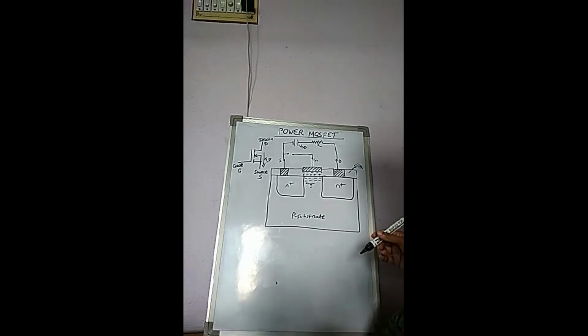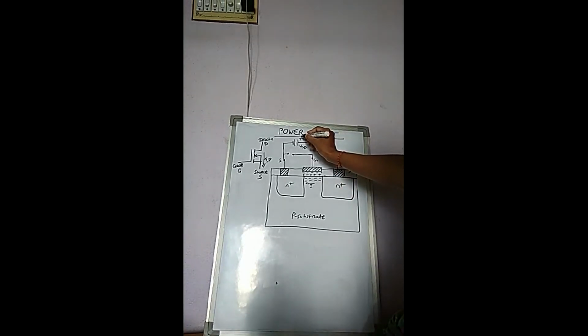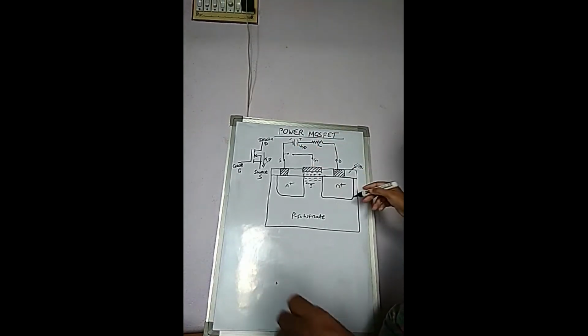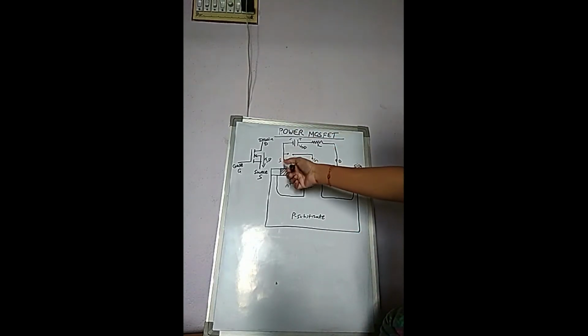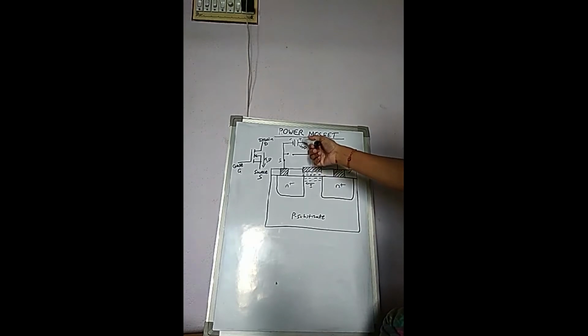See, this is plus, this is minus in this circuit, drain, gate, source terminal. In between drain and source there is R load, this is a load. And this is the supply source VDD. The positive terminal is connected to drain and the negative terminal is connected to source. See, this drain terminal is connected to this N plus region through this metallic body.